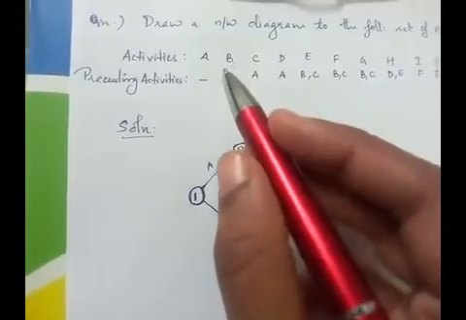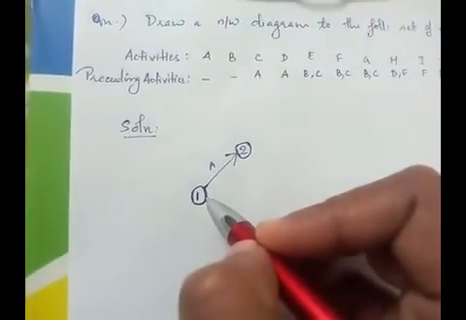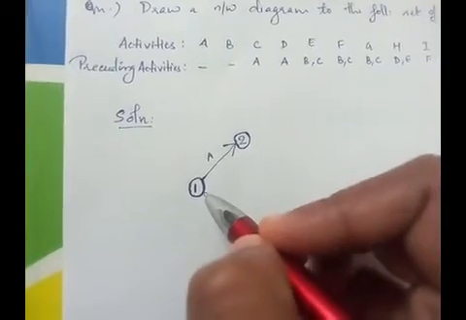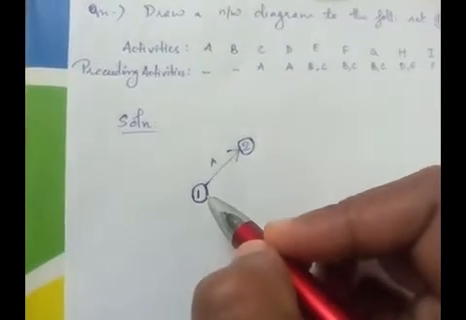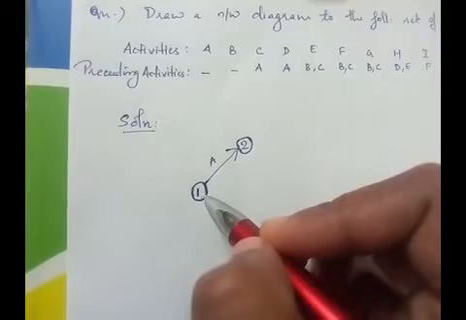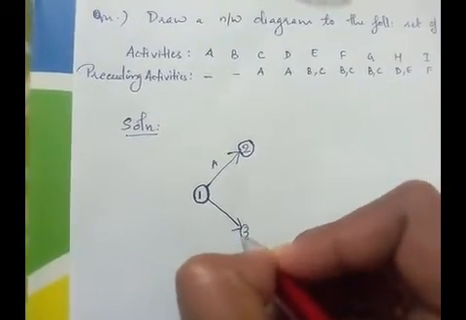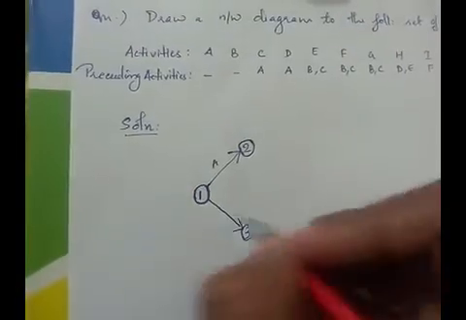Since B has also started at the same moment as A, it should also have the tail event as 1, but the head event of B is different. That is, it should be labeled as 3.